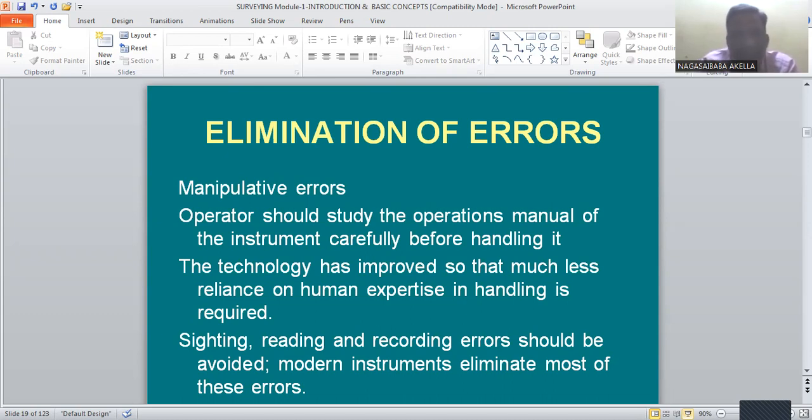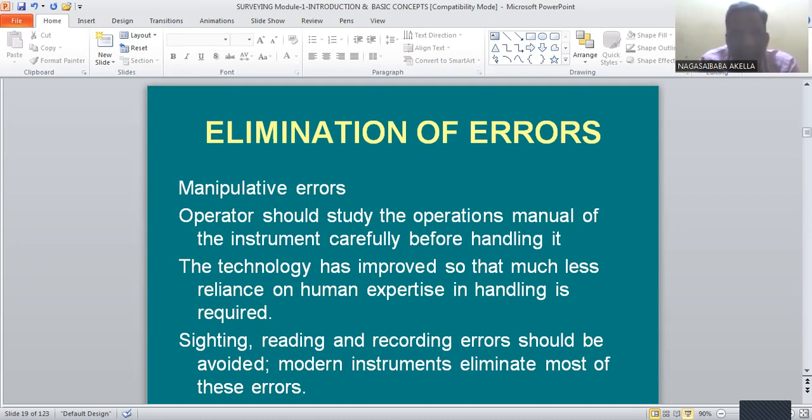Modern instruments eliminate most of these errors because all these modern instruments have a display on the screen. So you need not read the measurement. It will display on the screen the horizontal distance or horizontal angle, vertical angle.